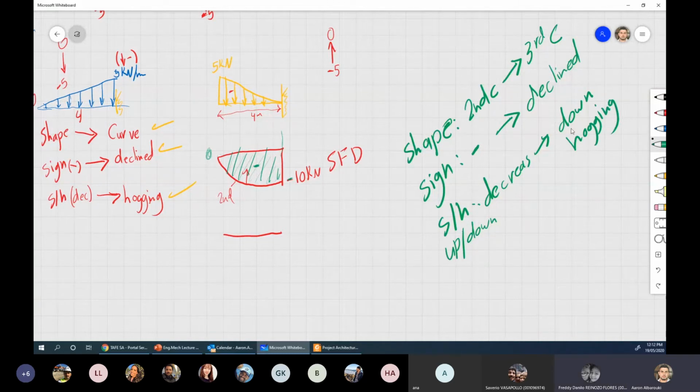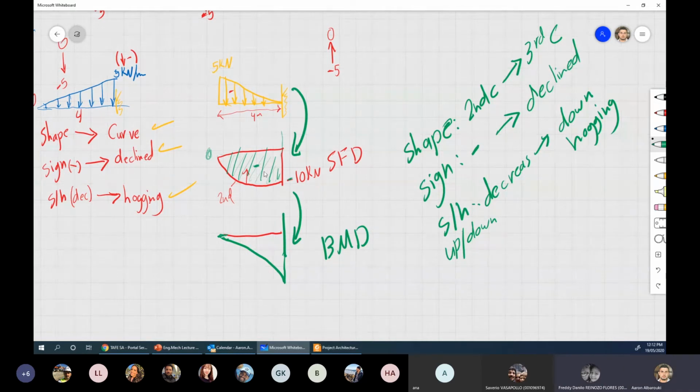So I got my specification: it's a curve, declined and facing down. So basically the third curve comes from the second curve. Exactly, the same exact thing, and that's my bending moment. I was mixing everything, the first one with the third one. So always we jump from one stage to another. Yeah, I got it now.